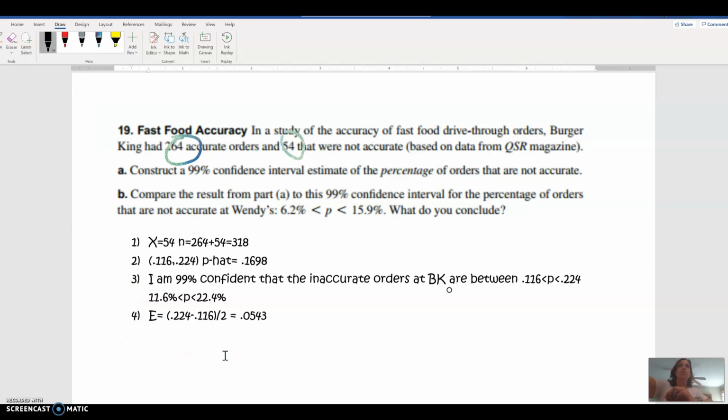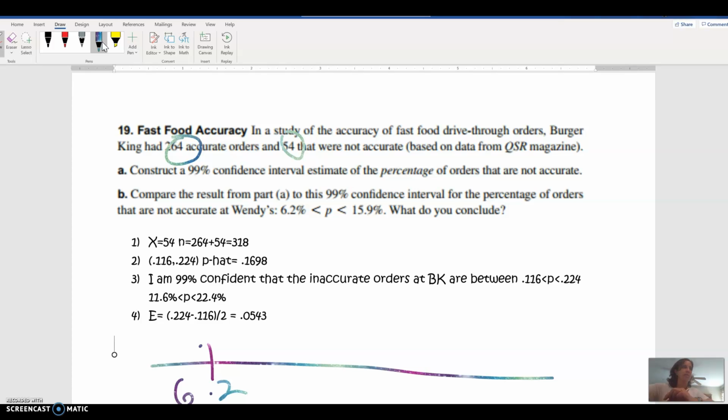So if I were to draw a graph and label these numbers, and we'll end on this problem, maybe if I can actually draw my graph. No. Let's see if we change colors. There we go. So somewhere over here, 0.2, somewhere over here is 11.6, somewhere over here is 15.9.